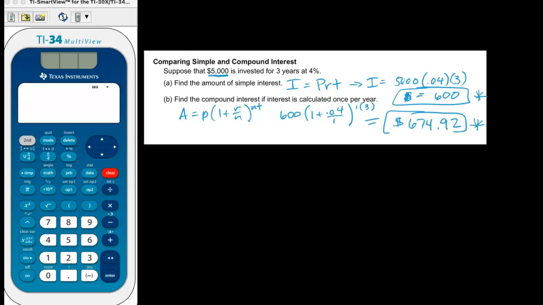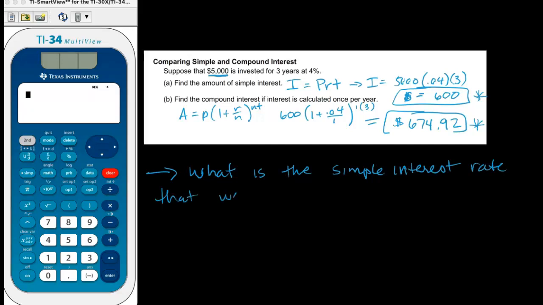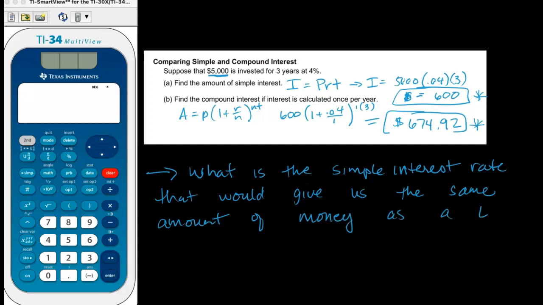And so when we're looking at effective rate, we're asking ourselves this question: what is the simple interest rate that would give us the same amount of money, so that's $674.92, as a 4% compounded, and in this case yearly, rate?